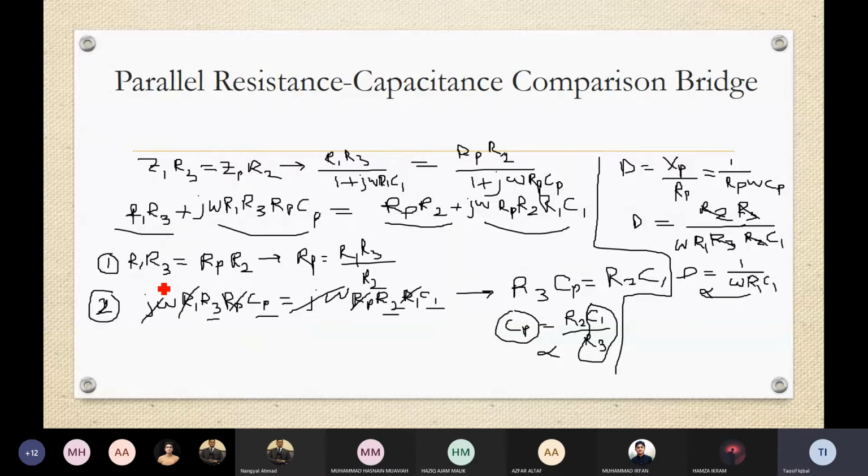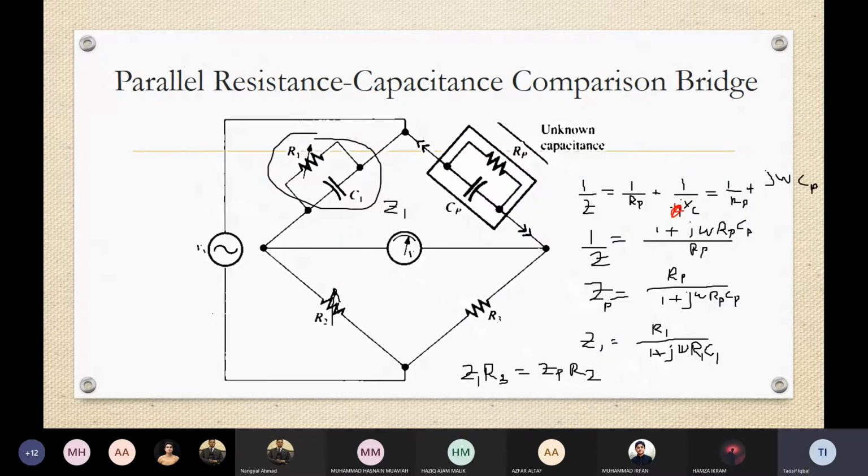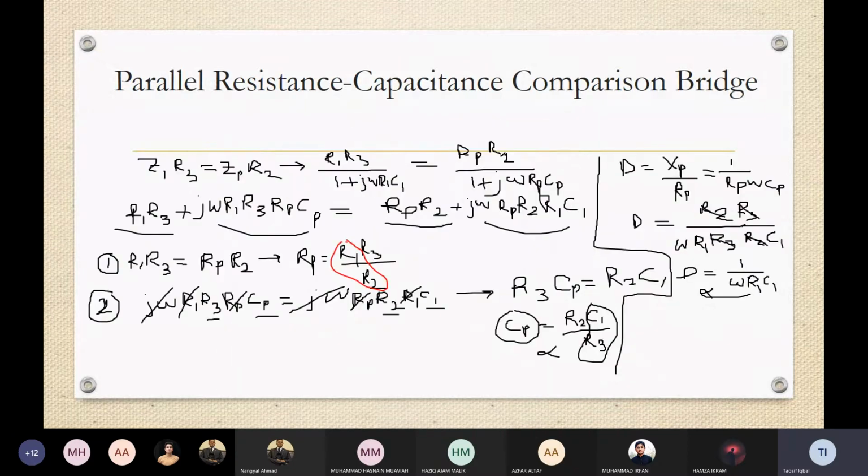In the real component we get Rp equal to R1 R3 divided by R2. In our circuit, R1 and R2 are variable, whereas R3 is a fixed value.